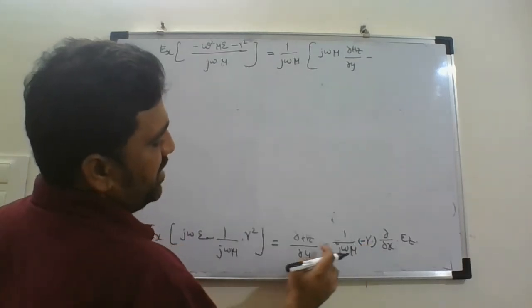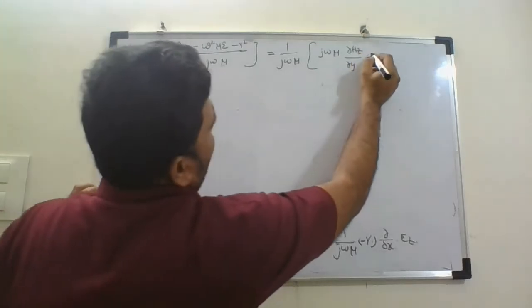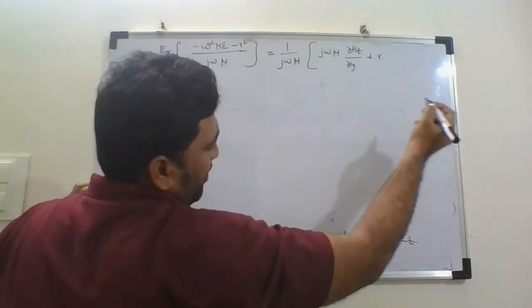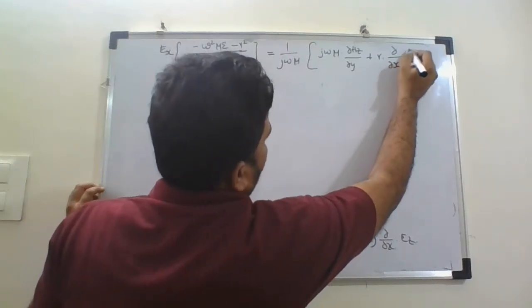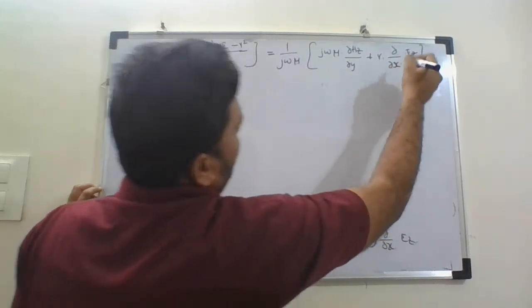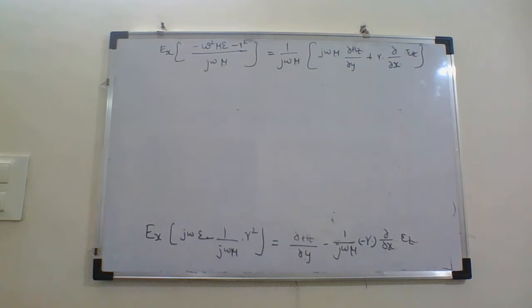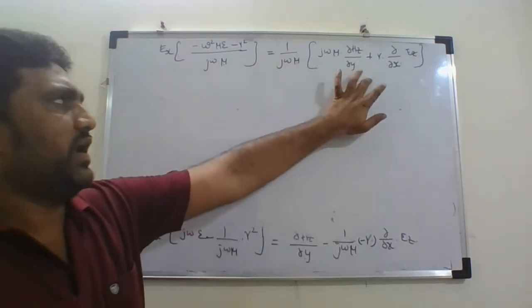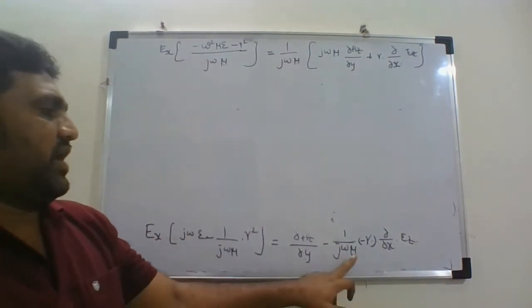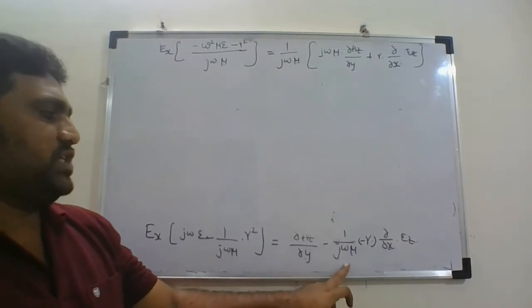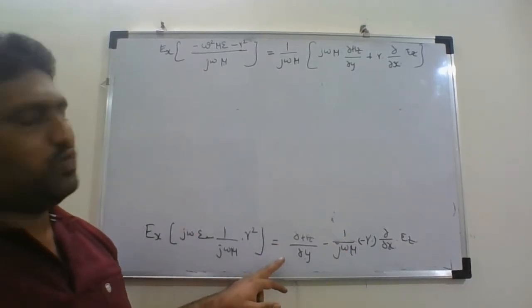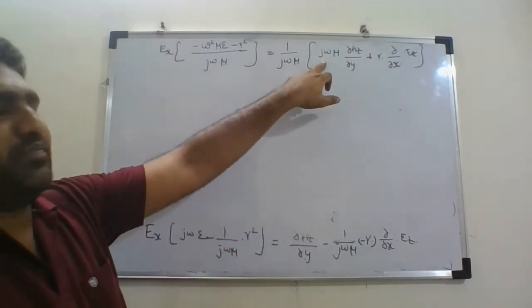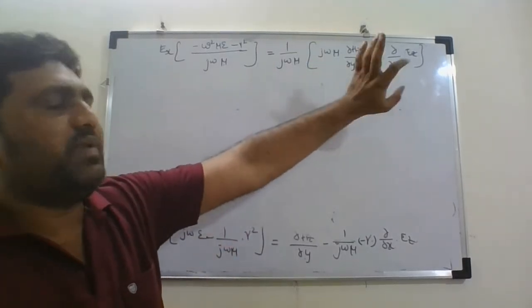Here I have minus gamma, and here I have minus, so this will become plus gamma into dou by dou x into Ez. This is the term that I am going to get. So what I have done is taken 1 by j omega mu as common in both the terms. Here I don't have a j omega mu, so I'll get it multiplied. And this will become like this.